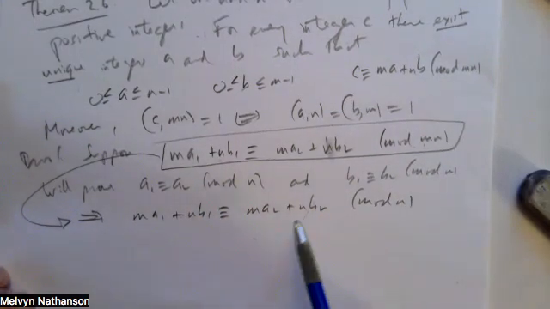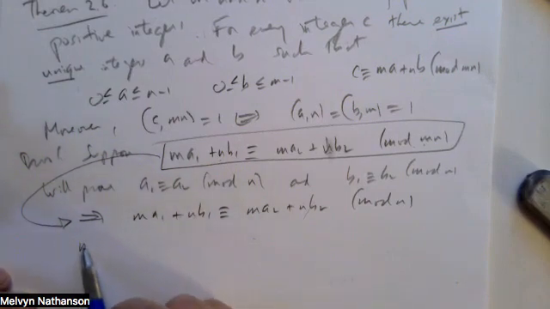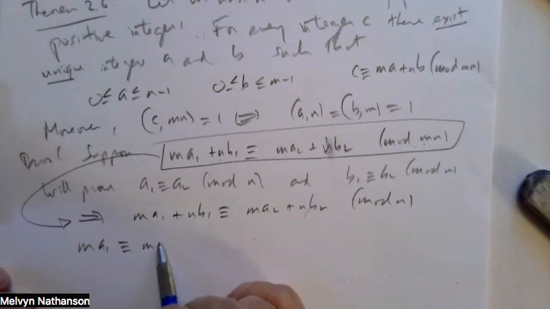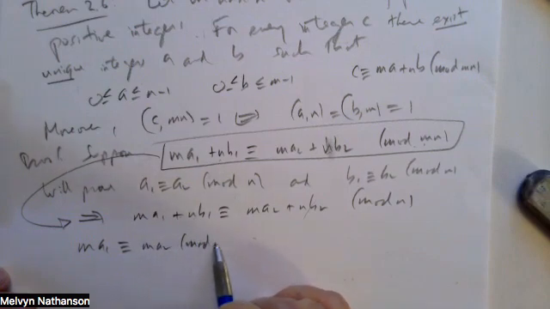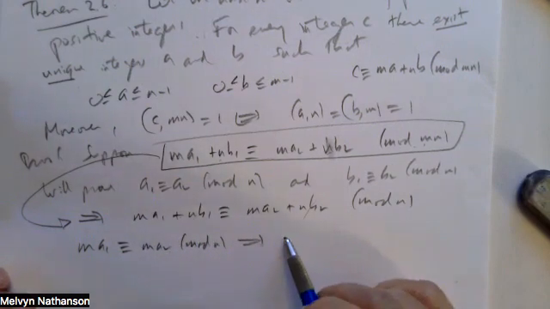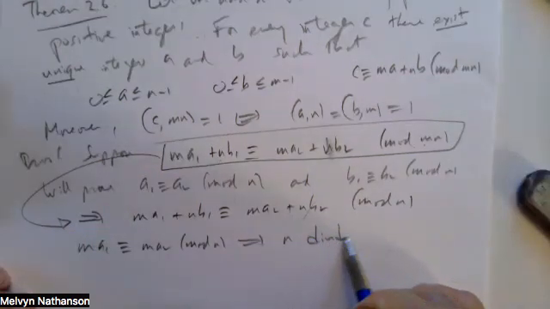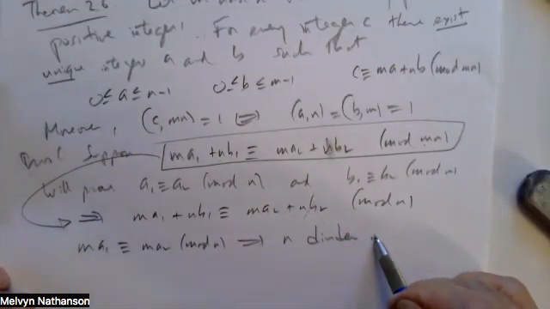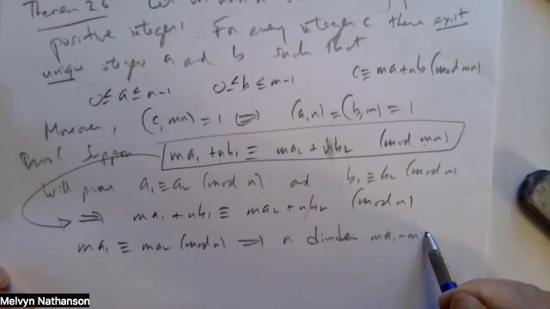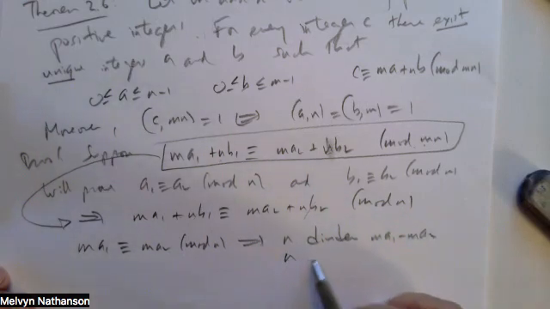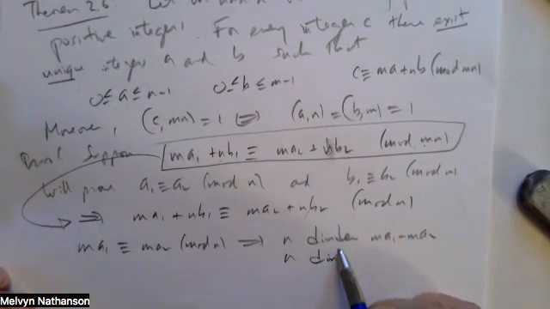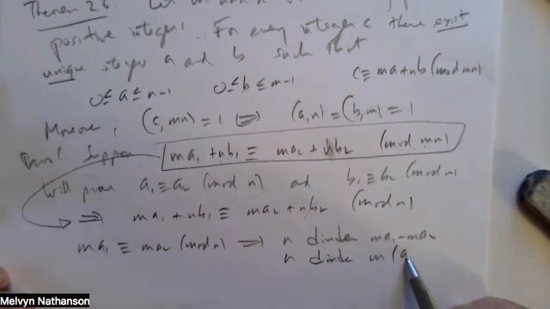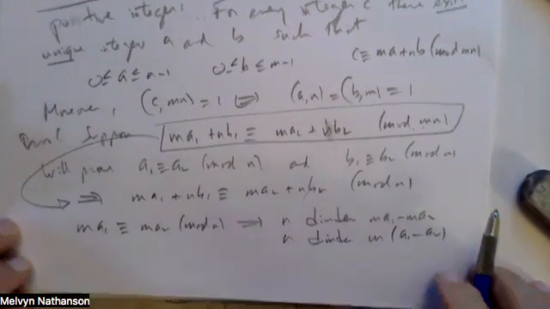But these are both 0 mod n. So m a1 is congruent to m a2 mod n, which means n divides m times a1 minus a2.